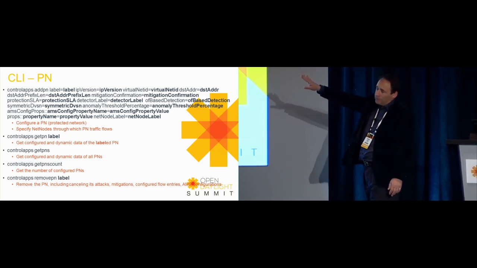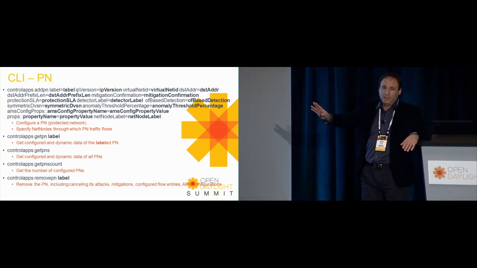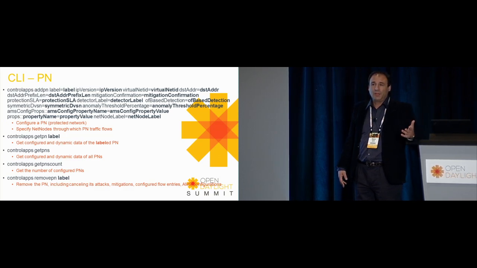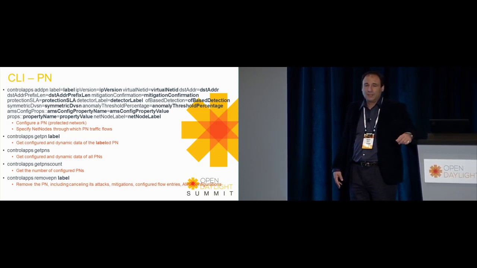Protection SLA is left to the future. It's empty in this release, but the goal is to specify how important this protected network is, especially if we are constrained with resources, quality of service, etc.